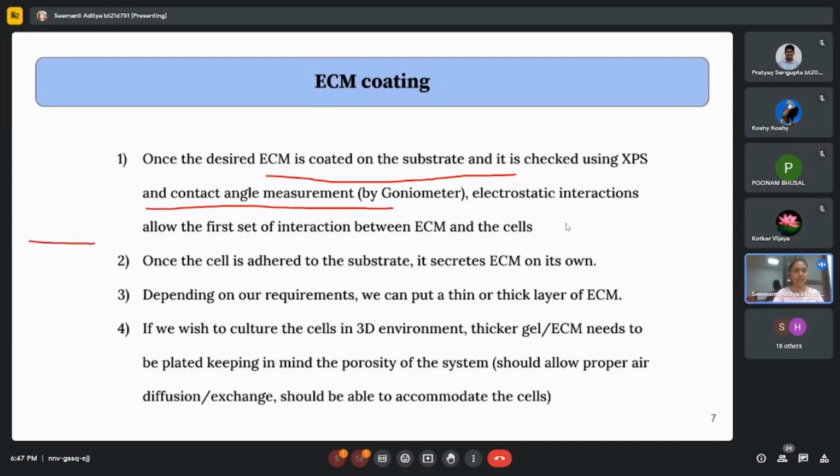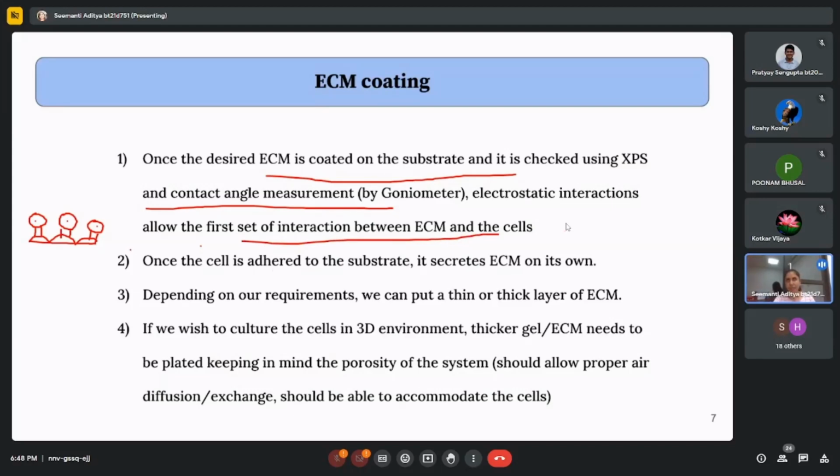It has our ECM in it, and these are our cells. These cells will interact with the surface using electrostatic interaction. This is the first set of interaction that is established between the ECM and the cells, and this is mainly because the ECM consists of some charged particles which can interact with the opposite charge of the cells. This first set of interaction between ECM and the cells will allow the initial adhering of the cells with the ECM.